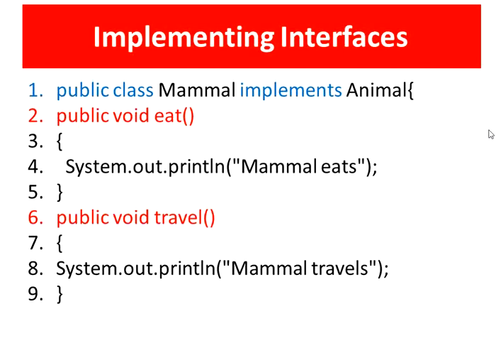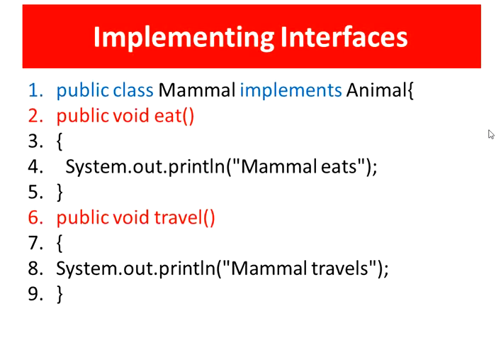This eat method displays "Mammal eats" using a System.out.println statement on line 4, and second, this Mammal class has implemented the travel method which displays the output "Mammal travels" using System.out.println on line number 8.